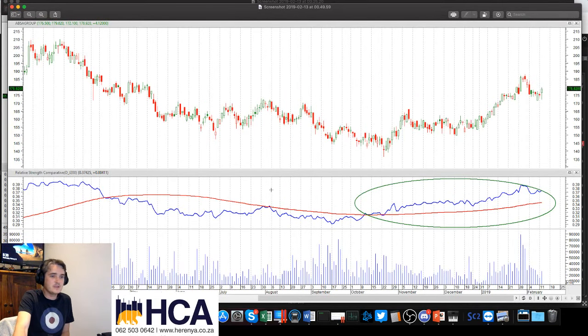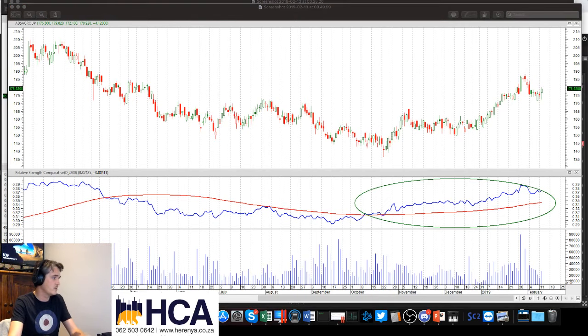And here we see ABSA Group, which since October last year had started outperforming the top 40 index. So what we have here now is an index that is relatively outperforming the top 40. The financials have been doing really well, and we've now managed to identify one of the stronger performers in the index and one of the weaker performers in the index, right?